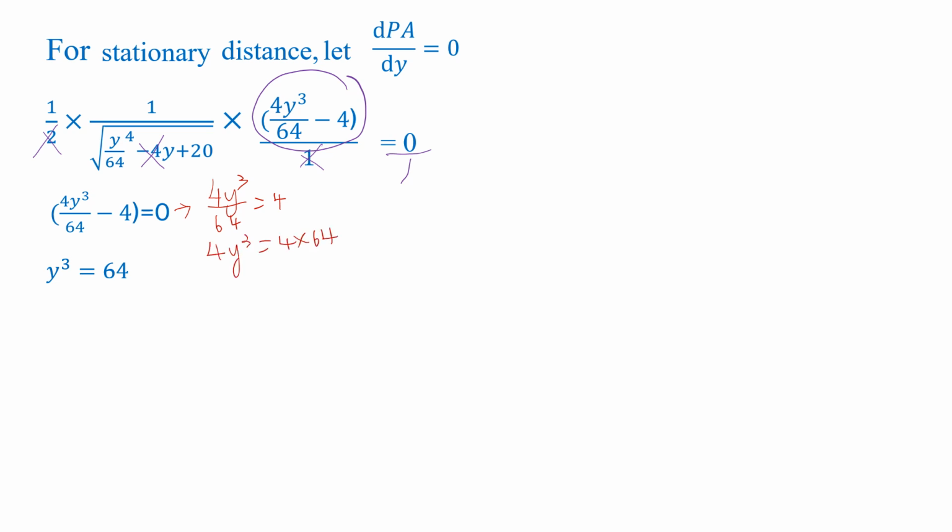So you divide by 4 throughout. That's how you get y cubed equals 64. So y will be the cube root of 64, which gives you 4.